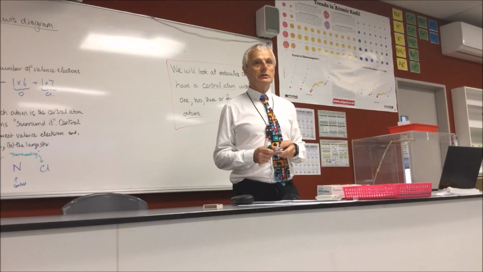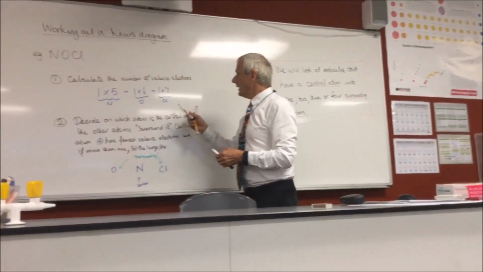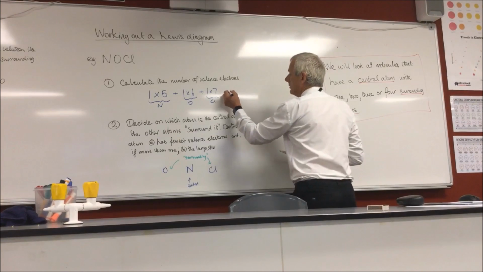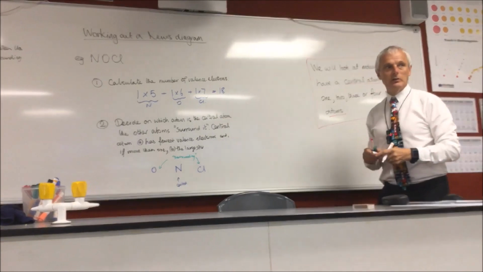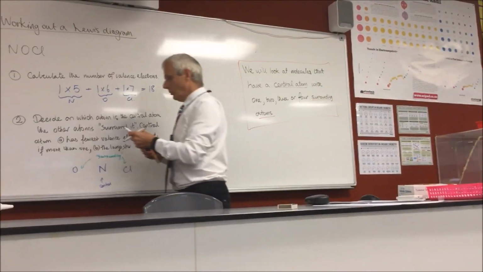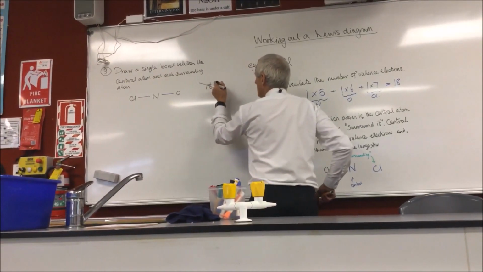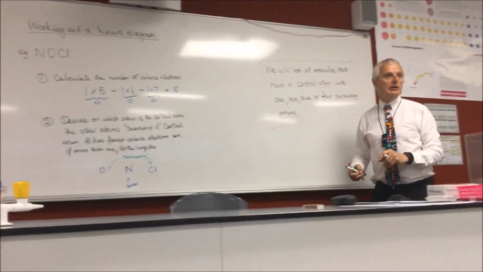How many electrons? 4. So we need to take 4 off our total, which I haven't actually added up here. So 18. Okay, so 18 electrons, and so we now have 14 electrons left. So you keep a tally as you're going along.